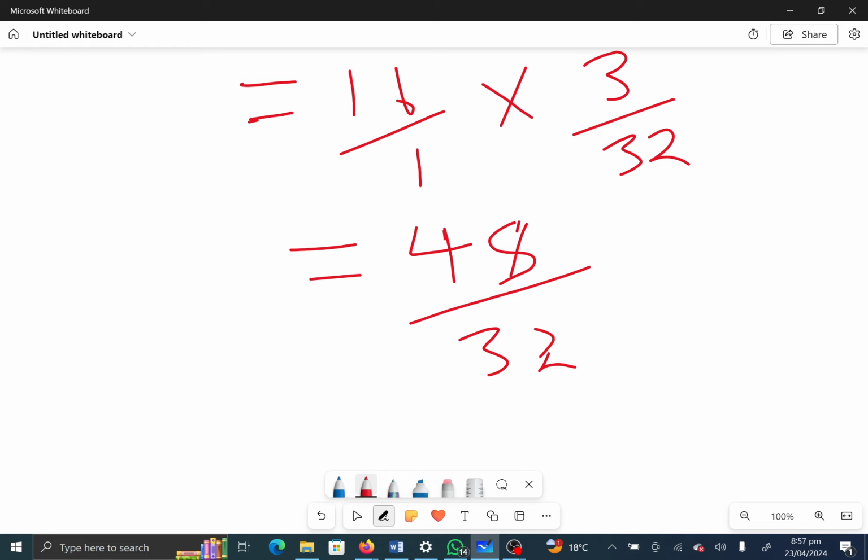Then 48 divided by 32 gives us 3/2. So that now becomes our common ratio.